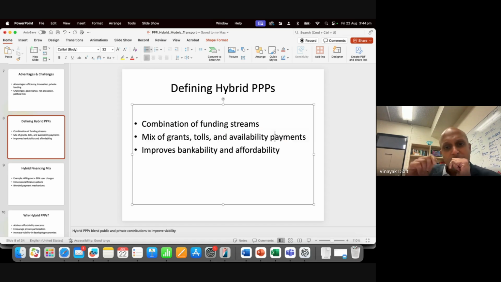So availability payments is also that what you are saying is that I'll take the 200, the government will give you a grant, but also you will have to pay some certain amount of money to the government every year. So that's availability payments. So it improves the bankability and affordability of the whole program. All right.